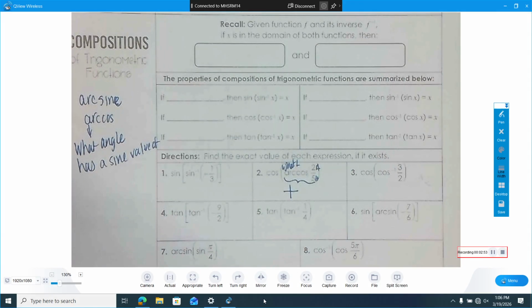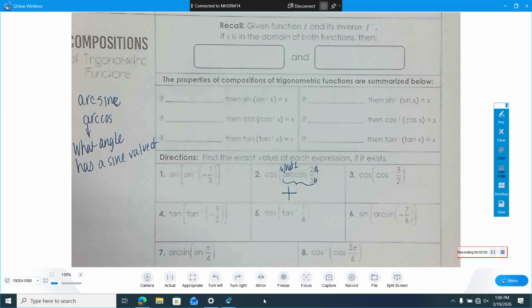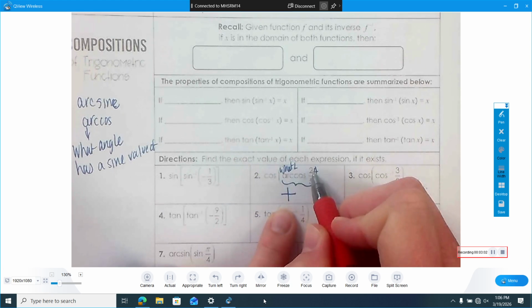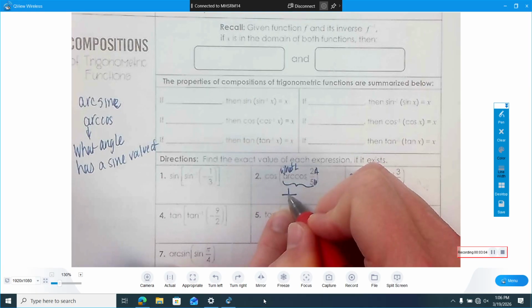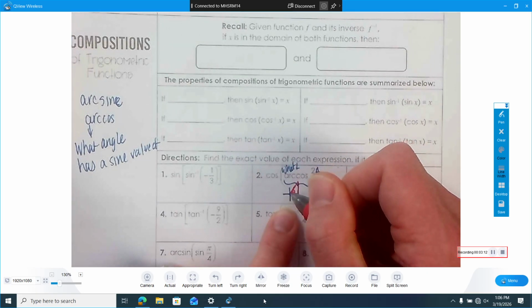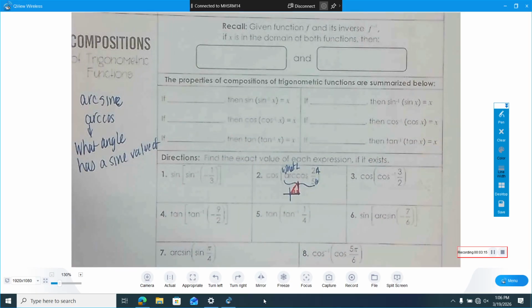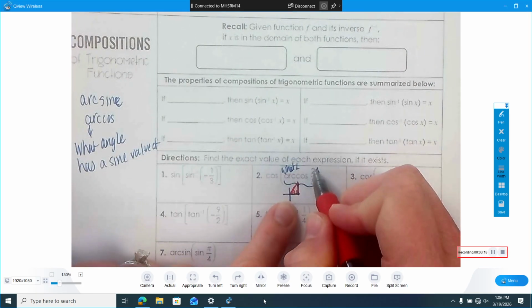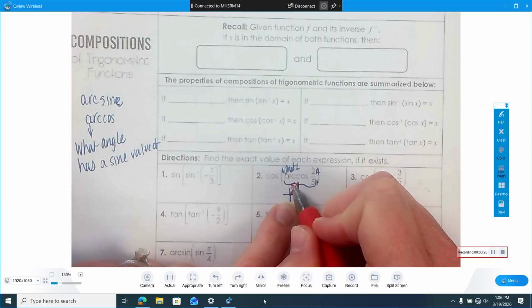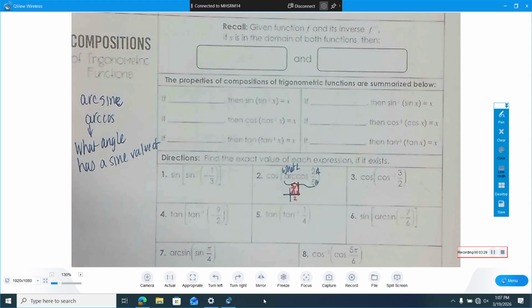Here is my XY coordinate plane, and it says we have a cosine ratio of 2/5. So I can actually draw that. Here is a little angle, angle theta right there, and I can turn that into a little triangle. And there's my little triangle. It should have a cosine ratio of 2/5, meaning the adjacent side is 2 and the hypotenuse is 5.